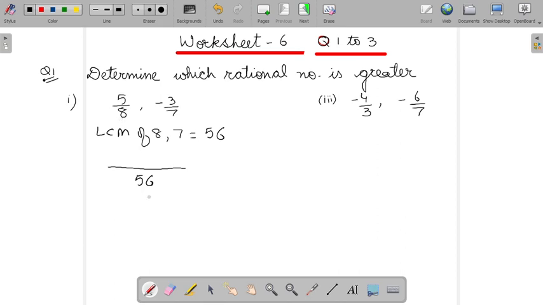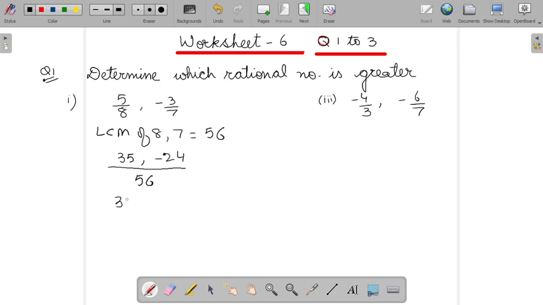Now from below divide, from above multiply. If you divide 56 by 8, you get 7. 7 multiplied by 5 is 35. Similarly for the second part, from below divide, from above multiply. So 8 multiplied by minus 3 would be minus 24.